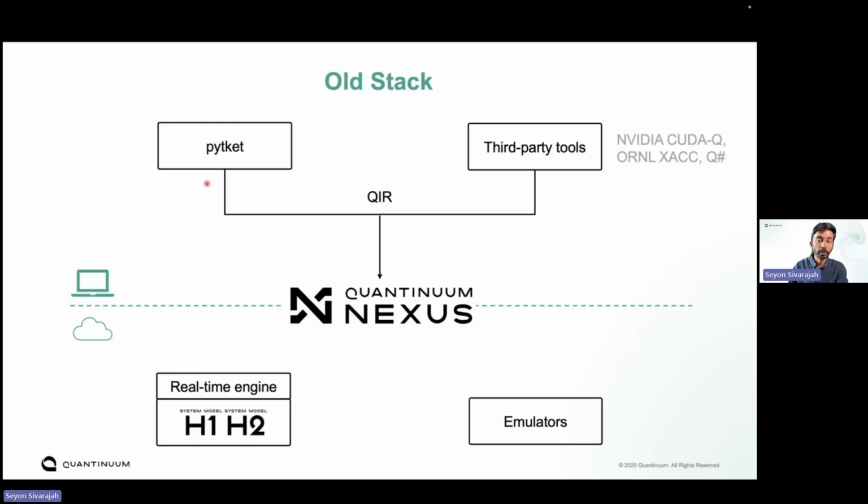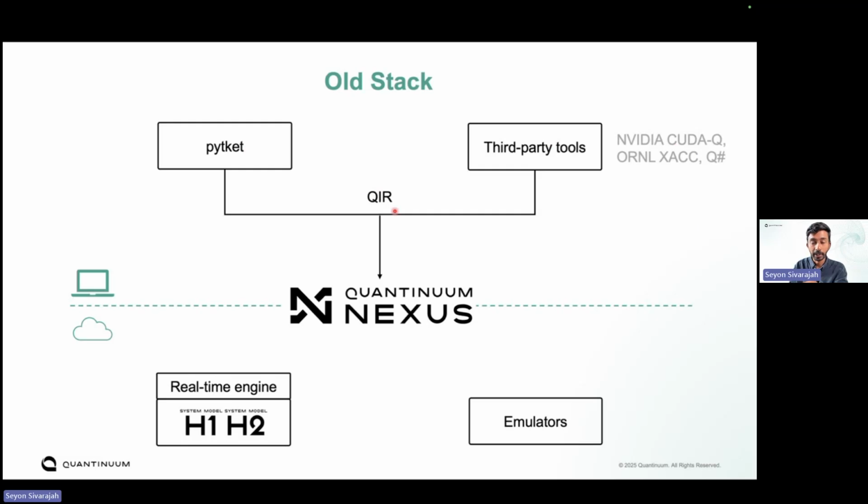The user might be programming in PyTicket. So some of you may have heard of Ticket, which is our Python compiler, the quantum compiler, and PyTicket is that Python package. So in here, someone might write a circuit, but they might be using third-party tools as well. So this includes NVIDIA Q2Q, Q-sharp, ORNL exec, and a host of third-party tools that can generate QIR.